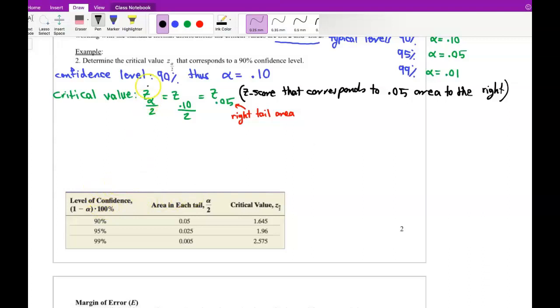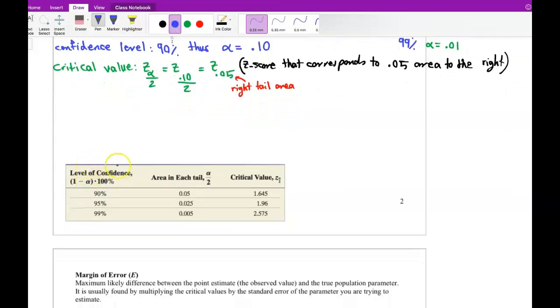Okay, now I'm trying to make it more clear what that means here.